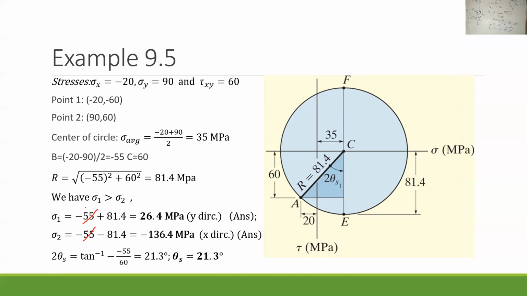I made a mistake. This should be 35, and this should be 35. So this value should be 46 and this should be 116.4. Okay, let me check the book result, but in my opinion this one is correct.